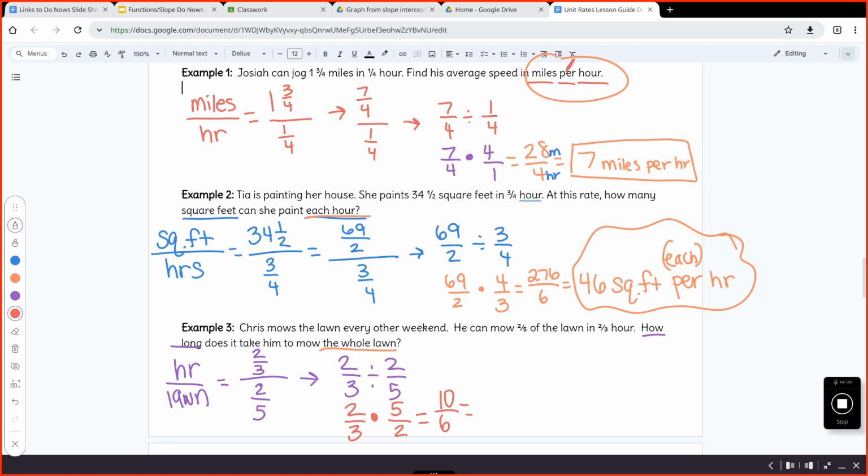Then we have 10 over 6, which if you divide both of those by 2, you'll get 5 over 3, or 1 2/3. And let's do our units. So 1 2/3 hours per lawn.